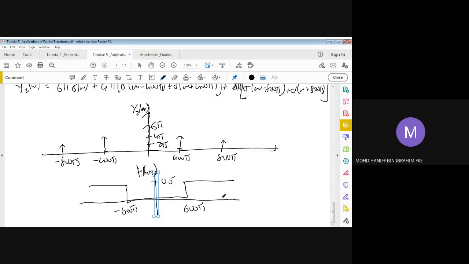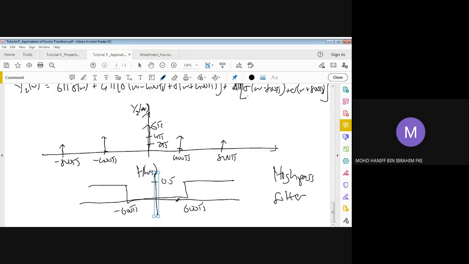Everything bigger than 600 pi will be passed through. So this is the response of a high pass filter, because it permits frequencies higher than the cutoff. If the filter permits frequencies lower than the cutoff, it is called low pass.